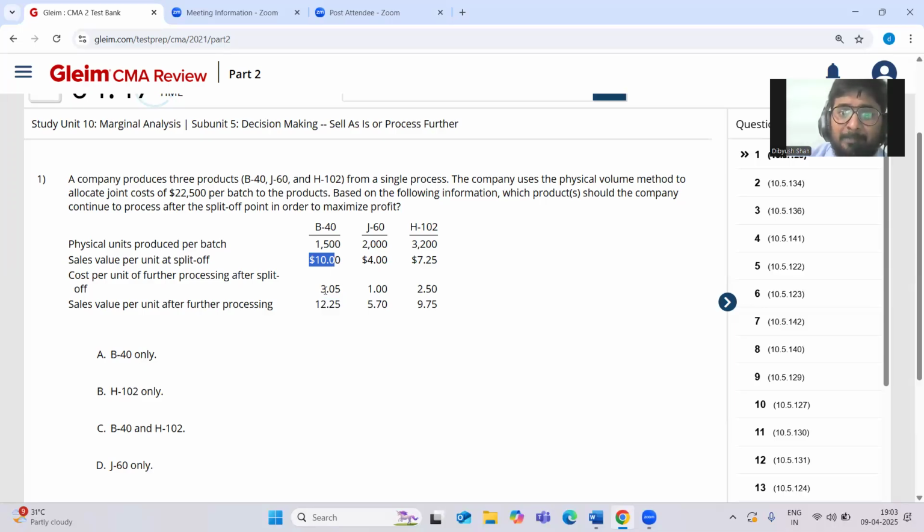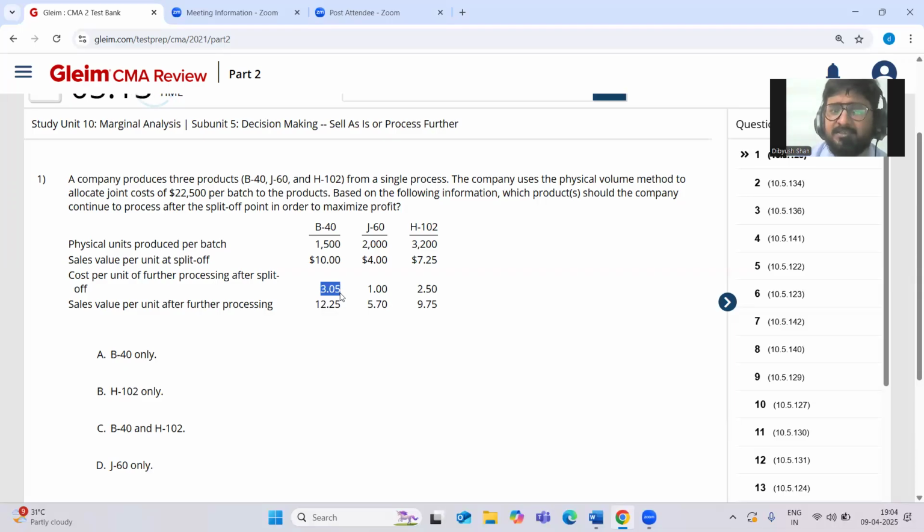What is the extra processing cost? 3.05. So the extra revenue is 2.25 and the extra cost is 3.05. I should not process this product further because I will incur a loss. The extra revenue is less than the extra cost.